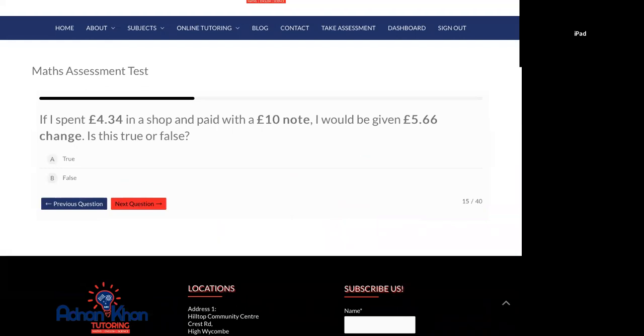Next question: if I spent £4.34 in a shop and paid with a £10 note, I would be given £5.66 change. Is this true or is this false? So let's have a quick look. Okay, let's go to Isa. Okay, so this requires a little bit of working out as well.